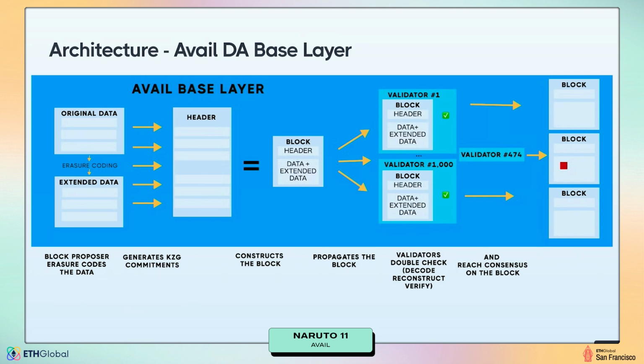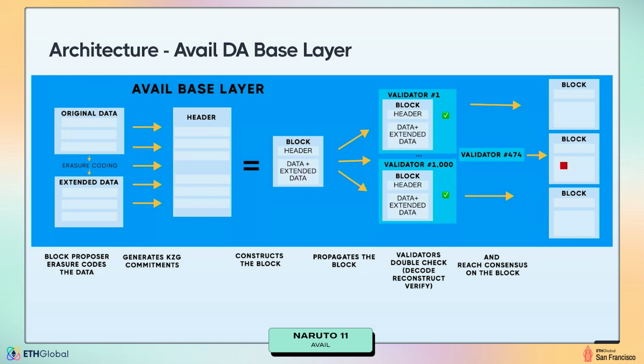You have a block which has a header and then data, plus the extended data that came from erasure coding. Now this block is propagated in the network of nodes or validators. Every validator is going to decode it, reconstruct and verify, and then finally it can reach consensus on the block. So this is the very base layer architecture of how Avail actually works.